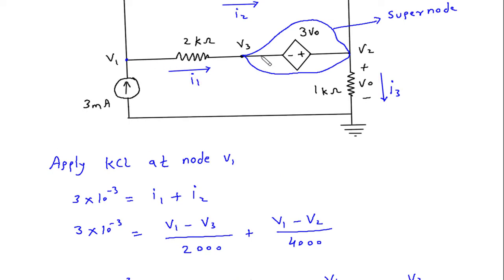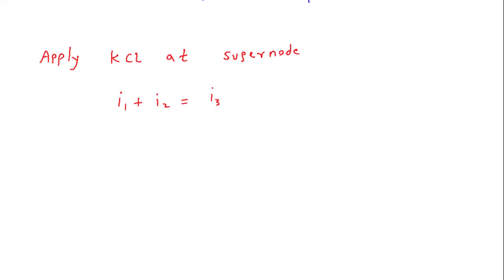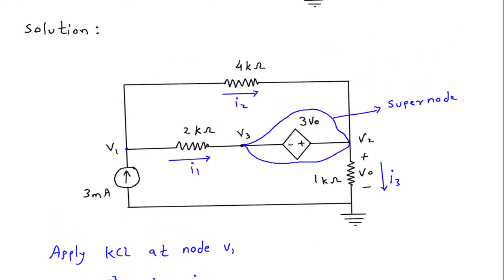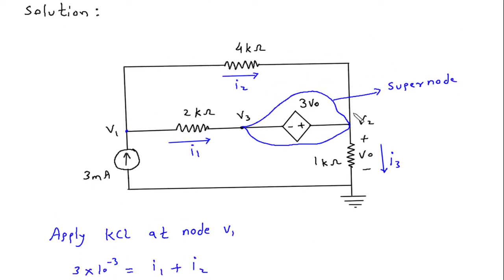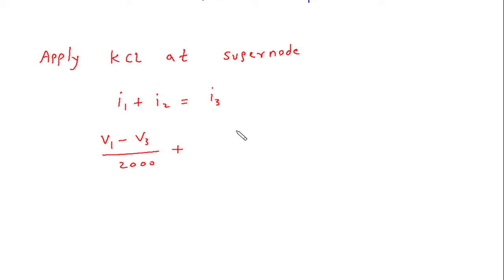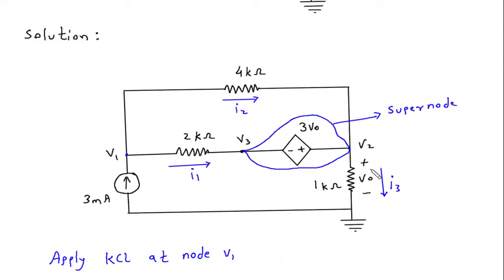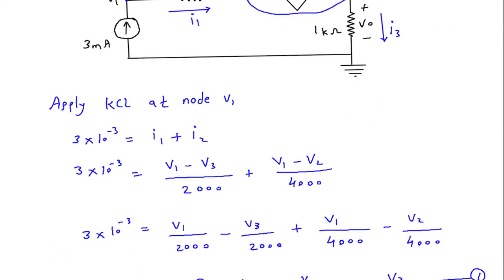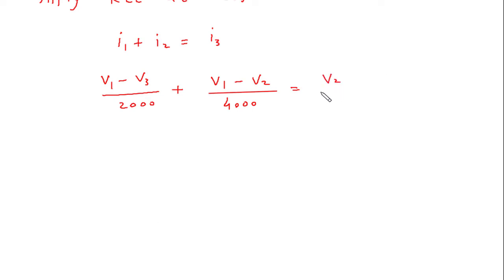I1 is V1 minus V3 by 2000. I2 is V1 minus V2 by 4000. That is equal to I3. I3 is V2 minus 0 by 1K, means 1000.